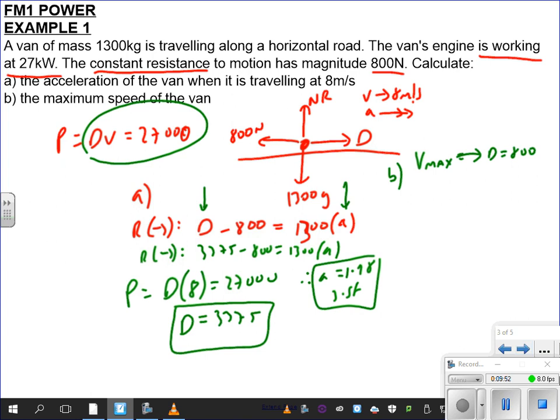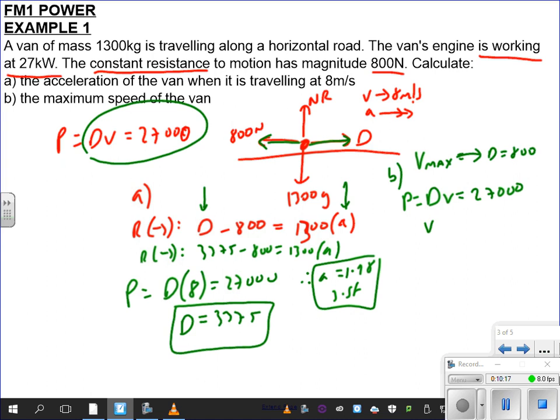Okay, so that tells me when P equals dV, and V is the thing I'm trying to find, because we know that the power hasn't changed. It's still 27,000. Do I know D? Yes, because resolving left and right, as I've said here, D must equal 800 newtons.